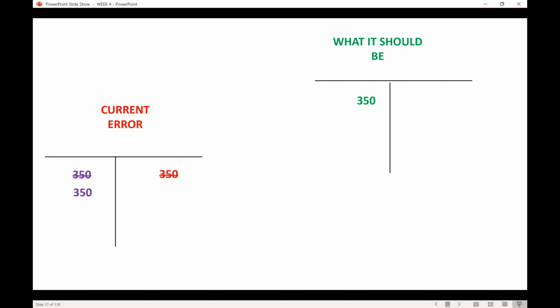Essentially, to correct this error, when you've posted the correct amount to the wrong side, you double that amount and put it on the opposite side. You would have had it on the credit side, but it should be on the debit side. So we doubled the amount, got 700, and we are debiting it, and it's going to look like what it should have been.